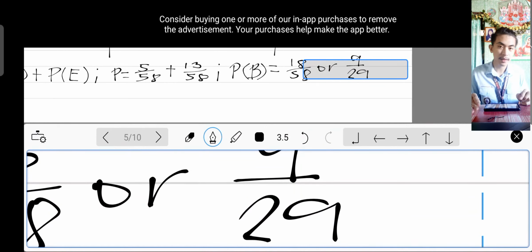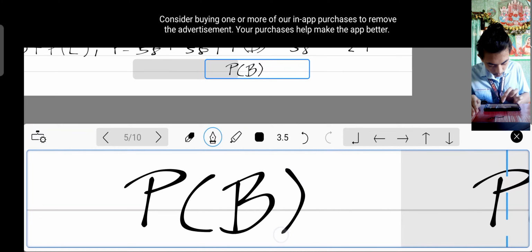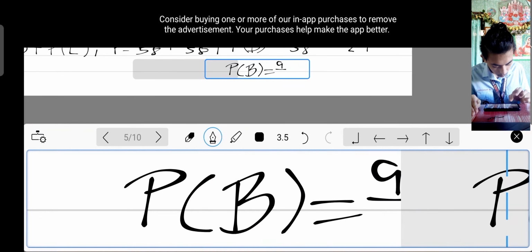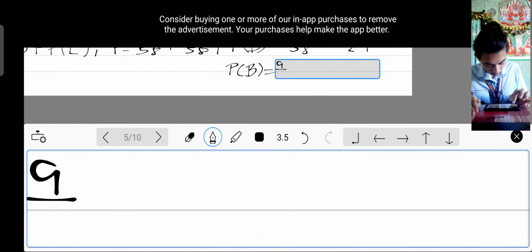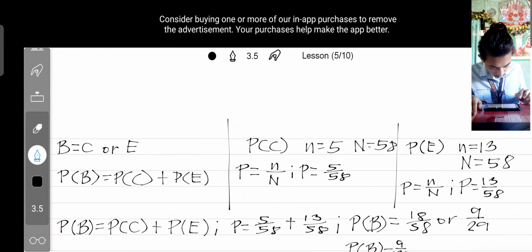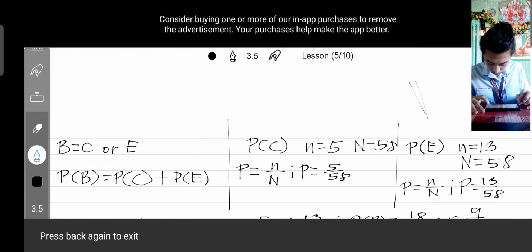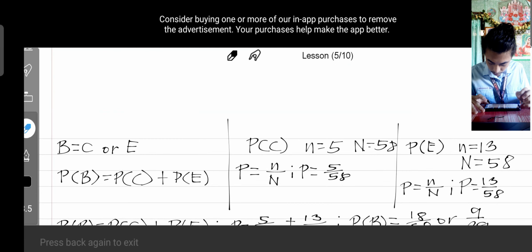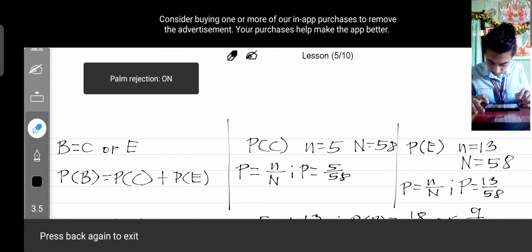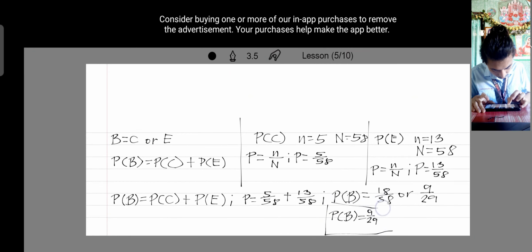This 9/29 can't be simplified. So now we have the answer: probability of event B is equal to 9/29. Let us box the answer.